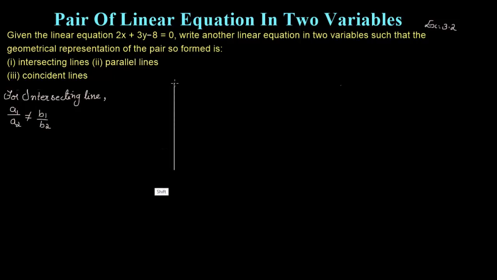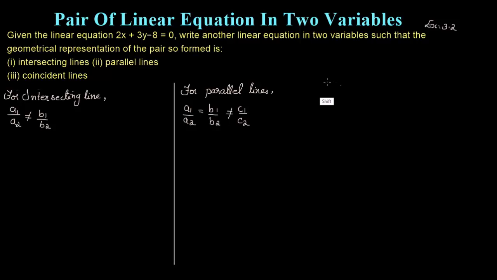Okay, now let me write the condition for parallel lines. For parallel lines, what is the condition? A1 by A2 can be equal to B1 by B2, but it should not be equal to C1 by C2. So this is the condition for parallel lines.